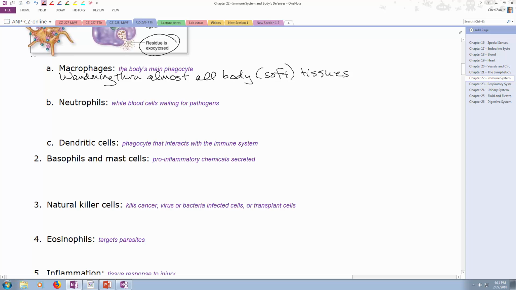They used to be monocytes when they were in the bloodstream. And through the process of diapedesis, they left the bloodstream to get into the soft tissues. And again, these guys are important because they live to fight another day.